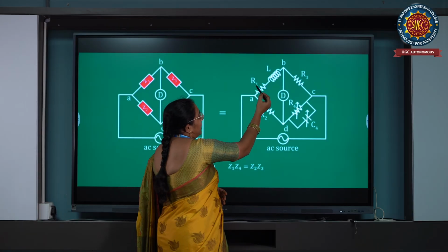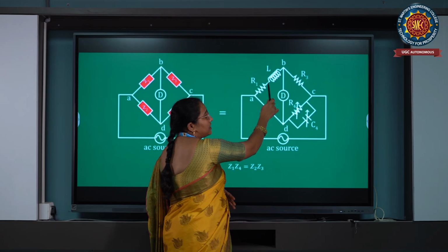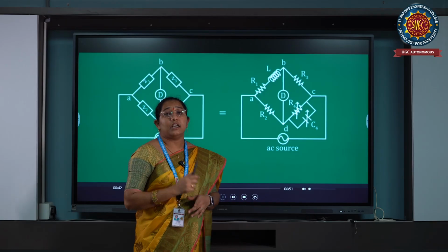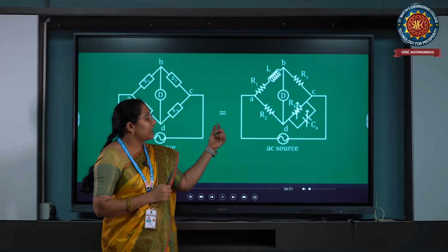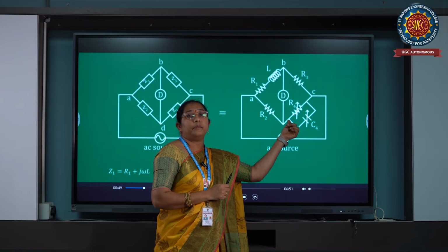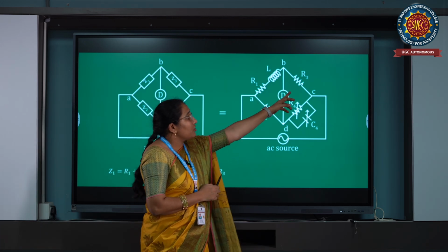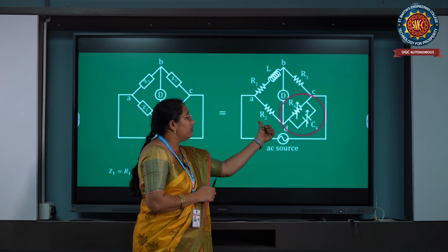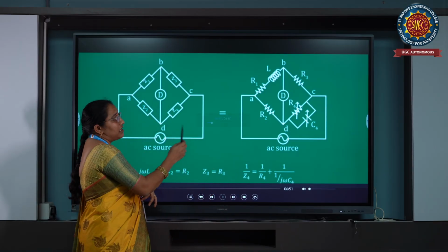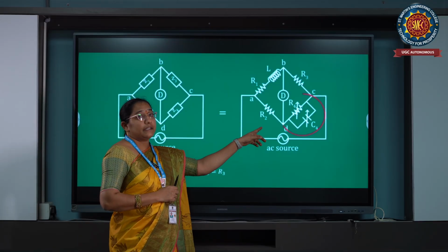In Maxwell's inductance bridge, we connected unknown resistor and inductor in series in the first branch. Here we have a resistor and capacitor in parallel in the fourth branch, only a resistor in the third branch, and only a resistor in the second branch. This is the difference between the two bridges.